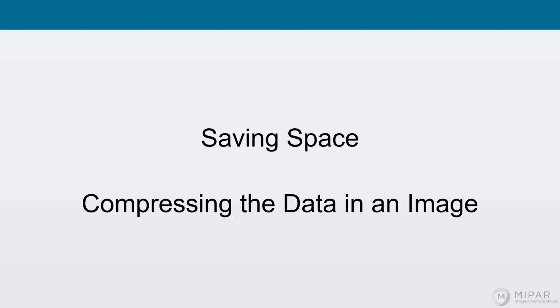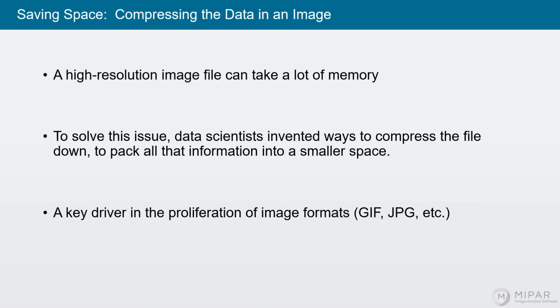So data scientists have spent a lot of work to try to figure out how to pack that data into a smaller space. Essentially, this lets these images get sent across the internet faster without taking a long time to download. That's one of the reasons that image compression is so useful nowadays.